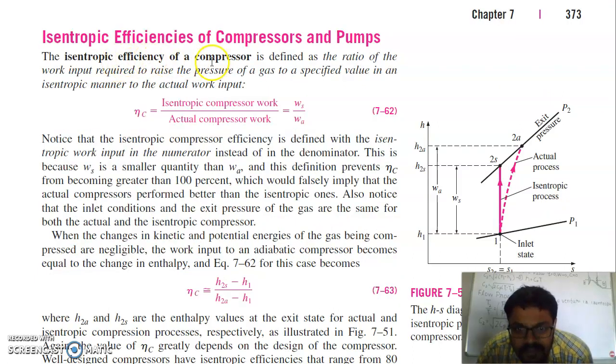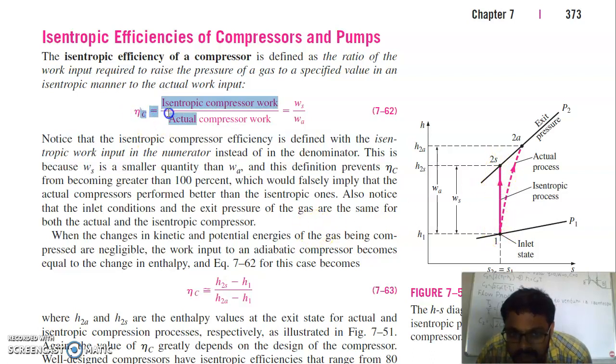The isentropic efficiency of compressor is defined as the ratio of the work input required to raise the pressure of a gas to a specified value in an isentropic manner to the actual work input. So this dotted line here, which is not isentropic, represents the actual process, and this solid line from 1 to 2s is your isentropic process.